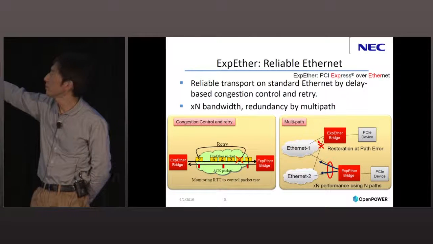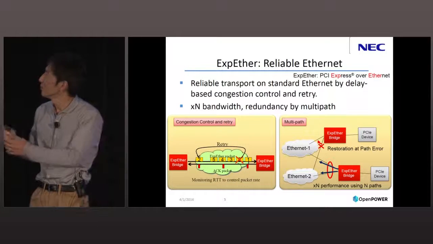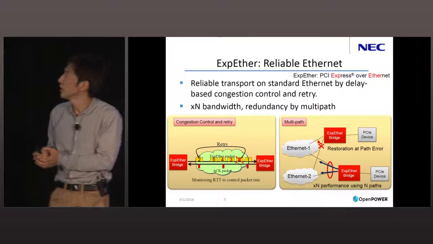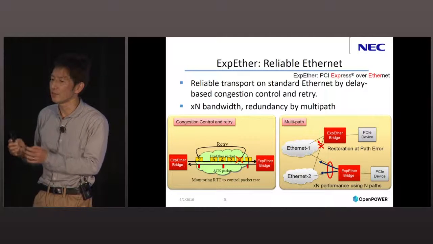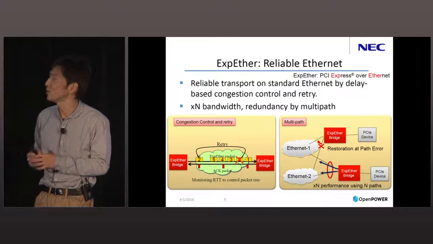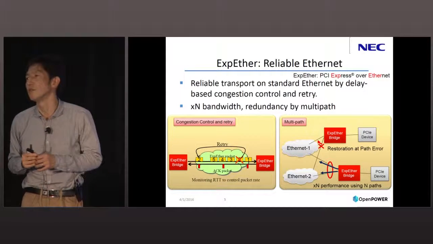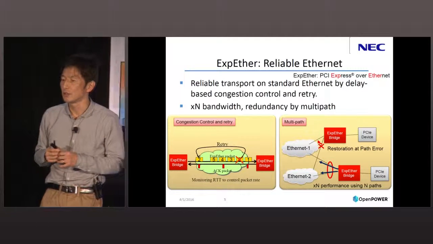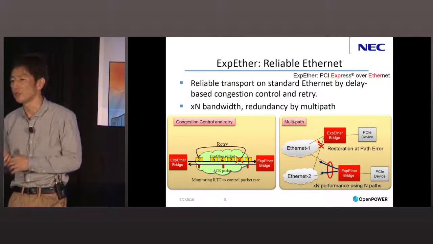By using multipath technology, we transfer a single data stream using multiple paths. We implemented dual path, so we can double the bandwidth, and also make the end-to-end path redundant and reliable. This multipath technology is also useful to match the bandwidth of PCI Express and Ethernet.